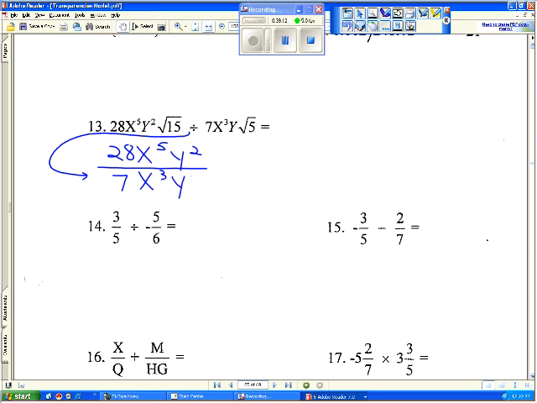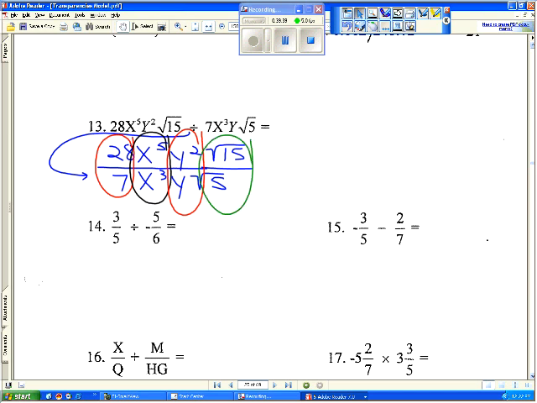If it helps you to write it as a fraction, then write it as a fraction. To reduce, we reduce the numbers, and then we reduce the names, and we divide with like bases, you subtract the exponents. When you divide radicals, what do you do?